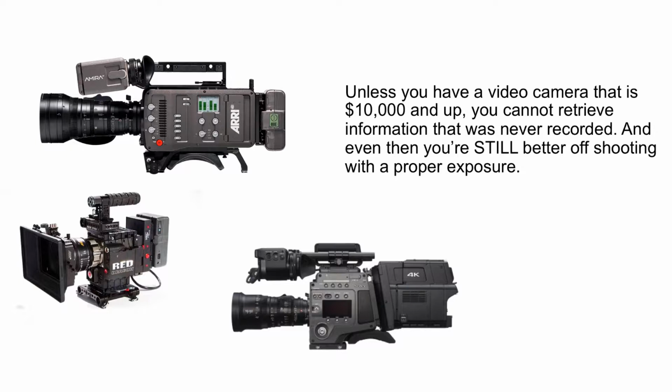And this is especially true with the cameras that we are using right here. We've got examples of three awesome cameras here. The Arri Amira, or Alexa, which is another version or flavor of Arri. Red Weapon or Scarlet, and then of course a Sony, I think that's an F65 right there. Great high-end cameras. You're looking at cameras between $50,000 and $100,000 easily, and that's just for the camera, not for the body.